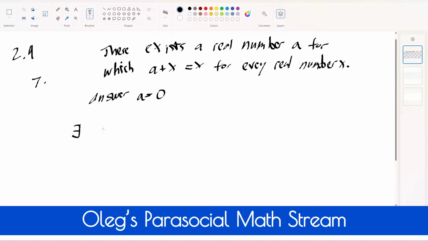Exists A, which belongs in the reals, let's say all x belonging to the reals, and then we're going to say a plus x is equal to x, period. Okay, yeah, that's close. Let me just see here.